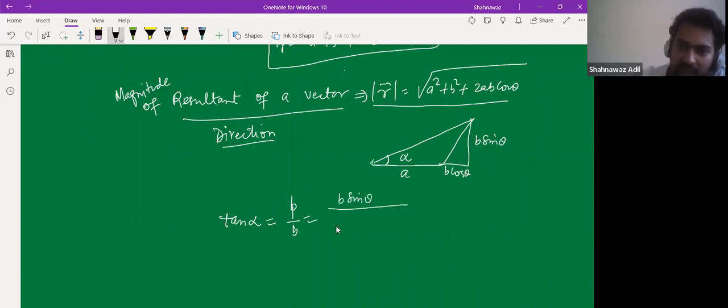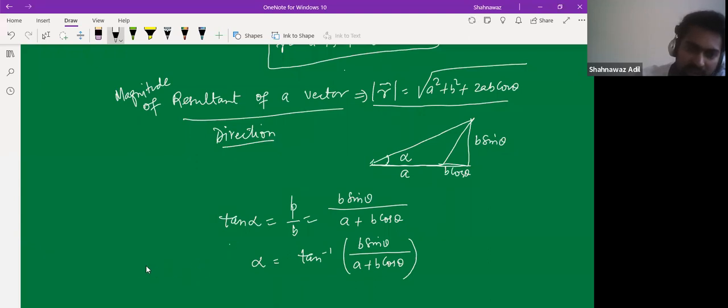Okay, and the base is A plus B cos theta. So the direction is alpha, which will be tan inverse of B sine theta upon A plus B cos theta.